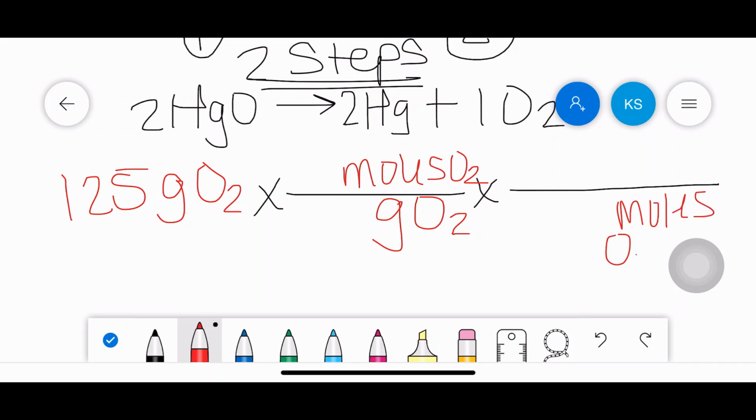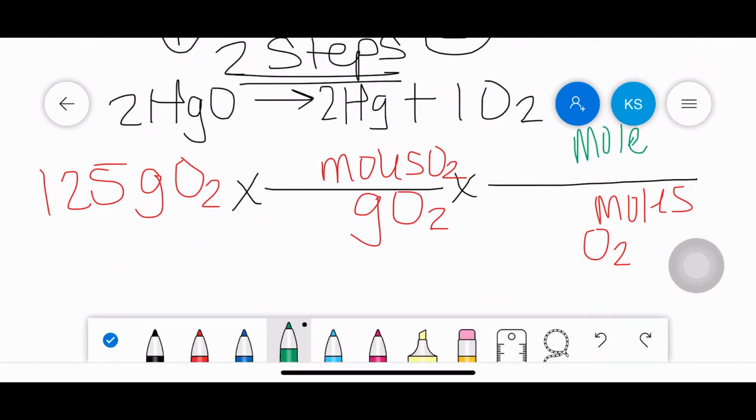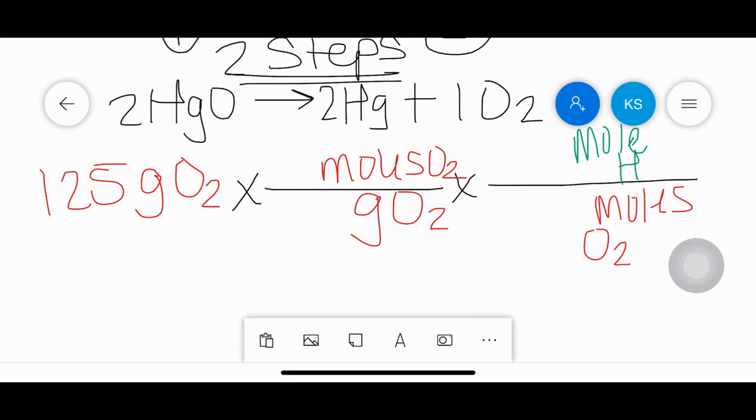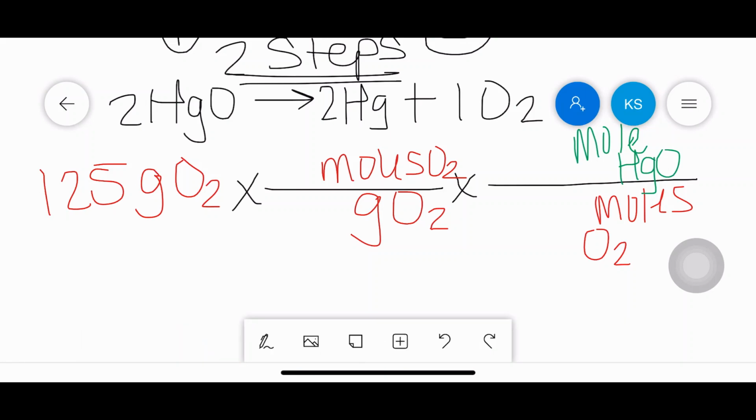So let's go ahead and write out what we know, that 125 grams of oxygen. And we know that unit has to drop down to the bottom and cancel, so we're going to have grams of oxygen again, and moles of oxygen on the top. Those moles of oxygen are going to drop down to the second one, leaving our unknown unit to be on the top for our final answer, moles of that mercury 2 oxide.